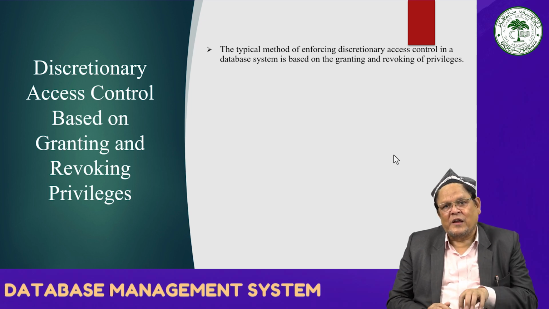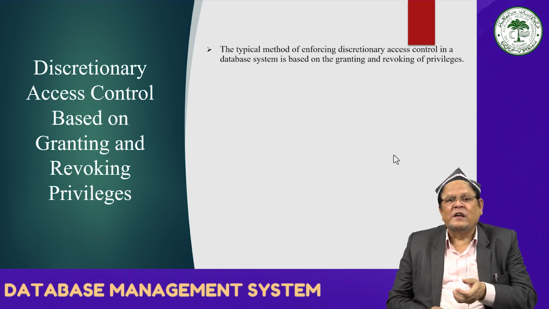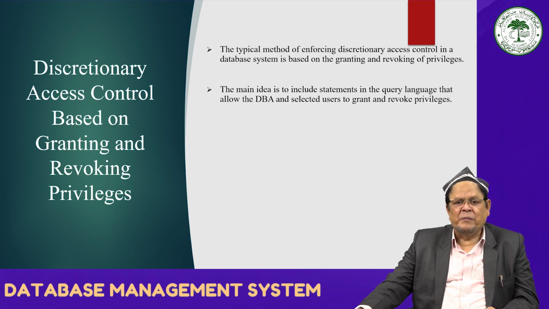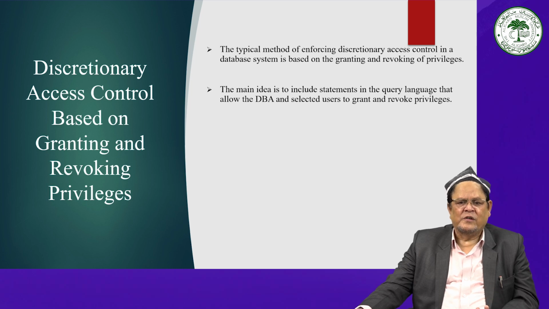The privilege can be given, and depending on that, he can also revoke it. The main idea is to include statements in the query language that allow a DBA and selected users to grant or revoke privilege.